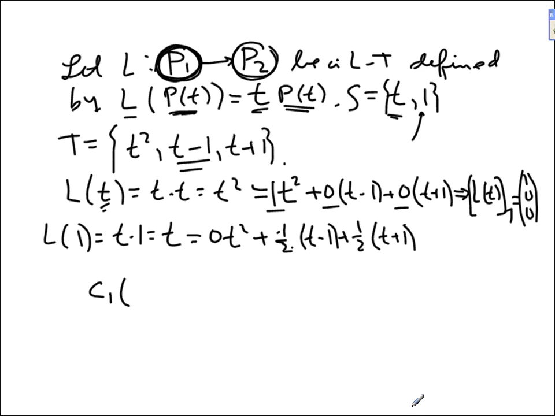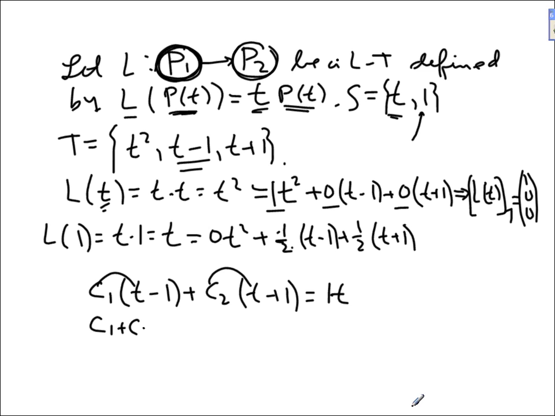So you have C1 times (t minus 1) plus C2 times (t plus 1) should be 1t. So you have (C1 plus C2)t plus (negative C1 plus C2).